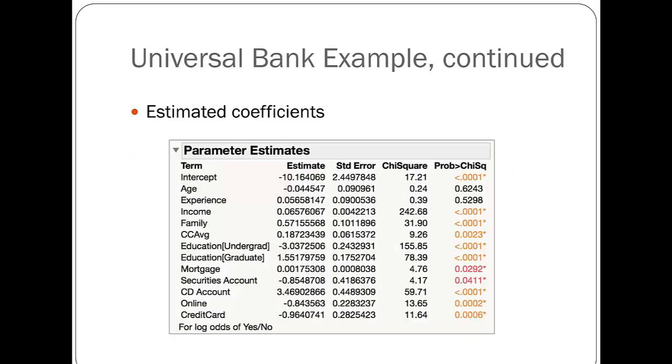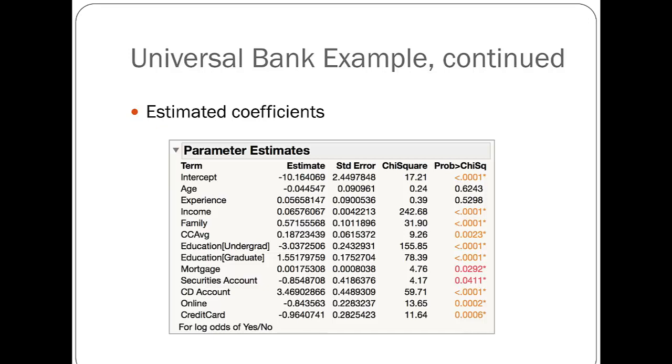And we get parameter estimates given to us in the JMP output, and there are other metrics that we can look at, like odds ratios, by clicking on the red triangle, which doesn't show up here. I guess it would be up here, or the level above that.